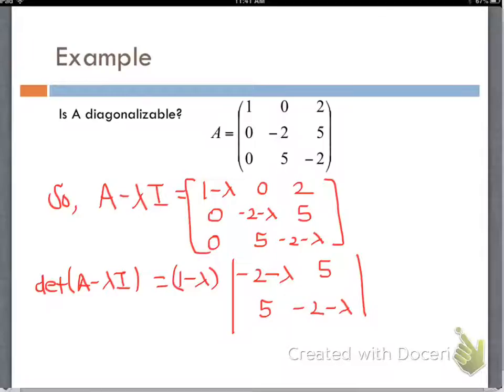So here we have: is A diagonalizable? The first thing you need to do, because we have this relationship between our eigenvalues and eigenvectors, is to figure out our eigenvalues. And we know how to do that. We take A minus lambda I, find the determinant, get the characteristic equation, set it equal to 0, and we have our eigenvalues.